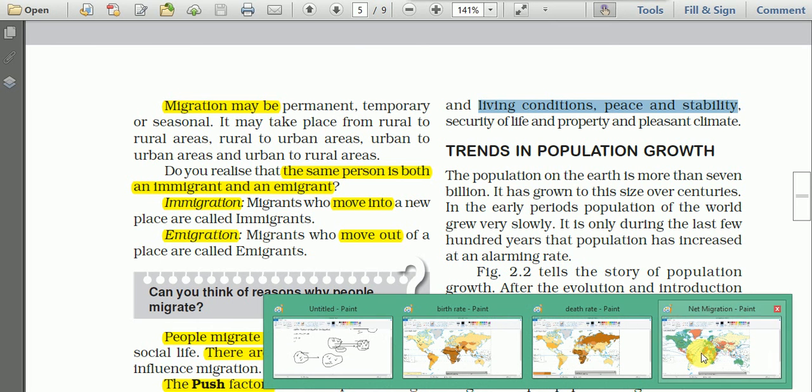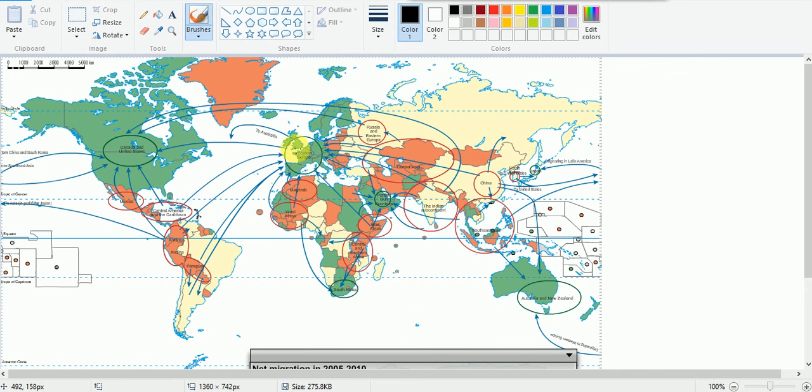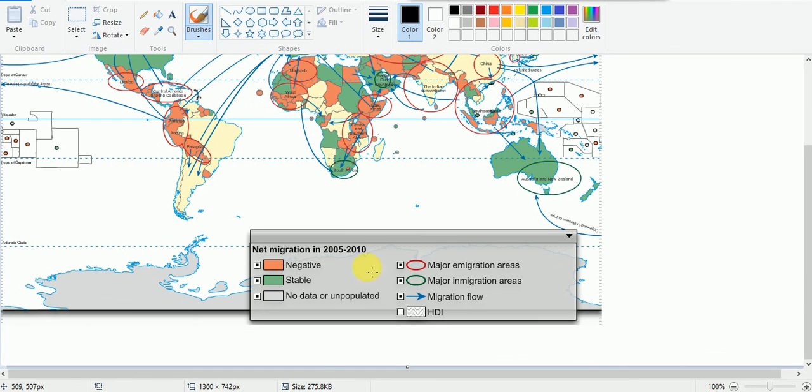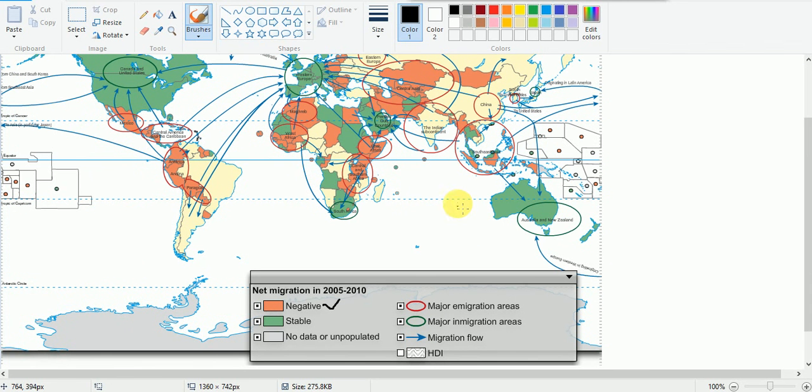Let us see this map showing migration. See here, this is net migration in the years 2005 to 2010. And here the red color shows negative, meaning decrease. See these circled areas.